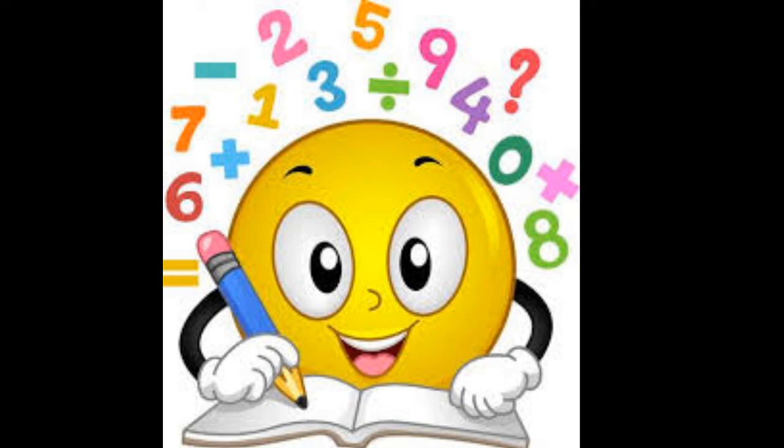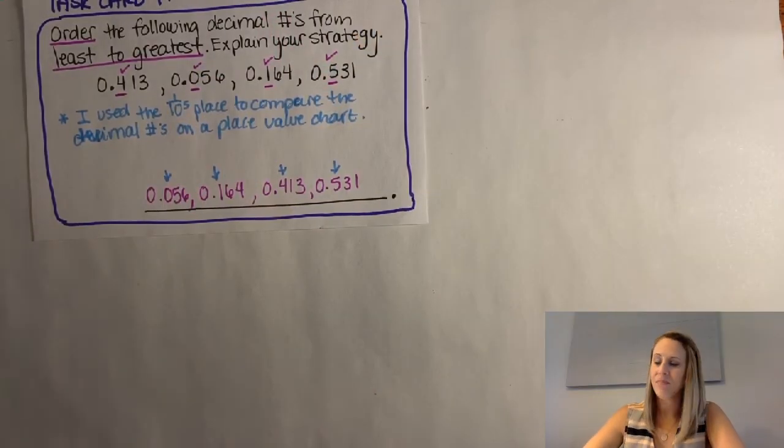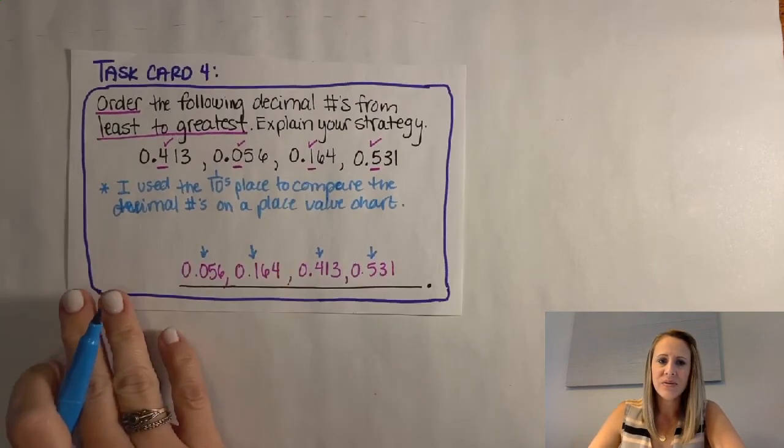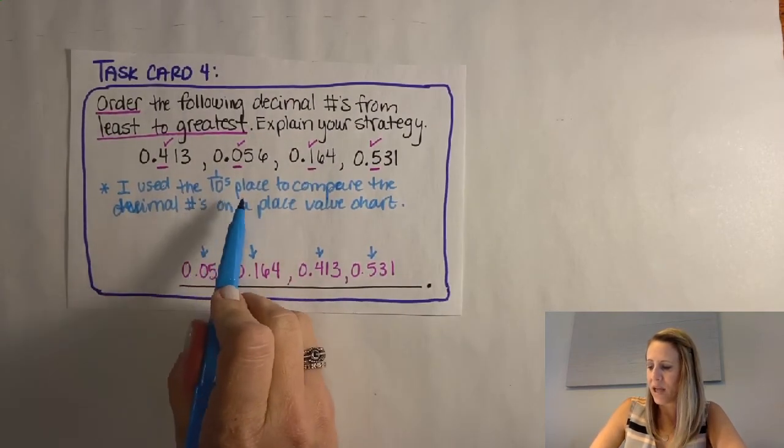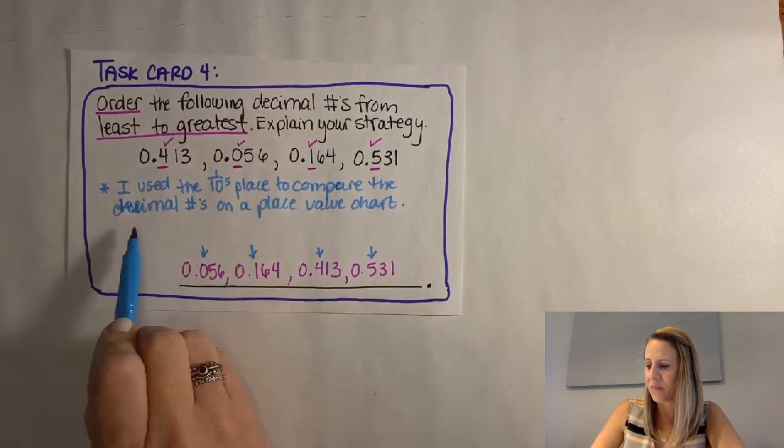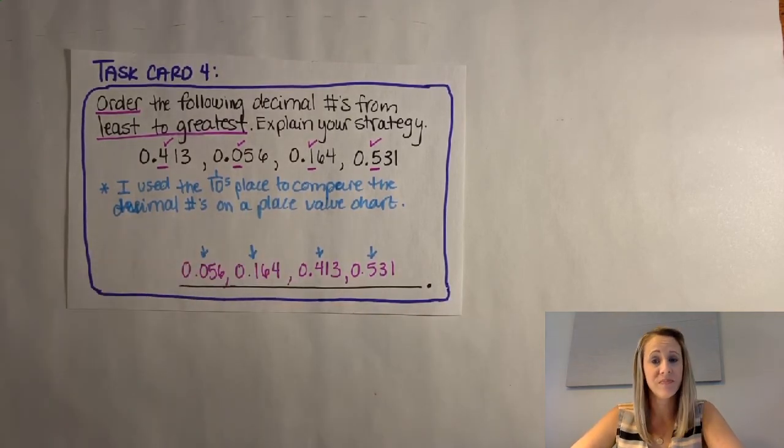Okay, remember to practice using good grammar, good punctuation. When it says explain, they want a nice sentence, just like your English teacher would want you to write. Okay, here's what I put. I said I used the 1/10 place to compare the decimal numbers on a place value chart.